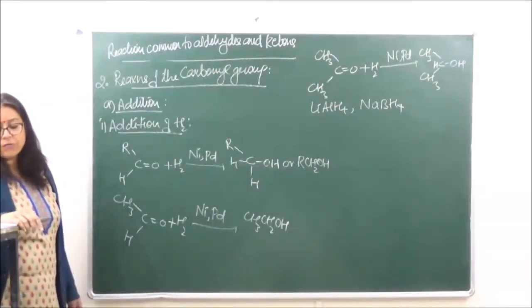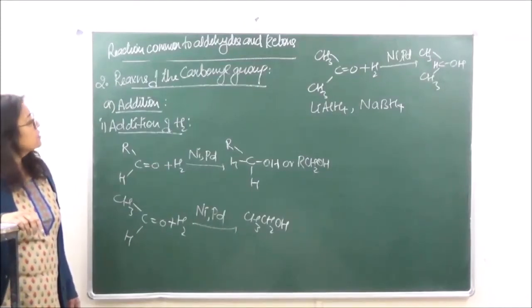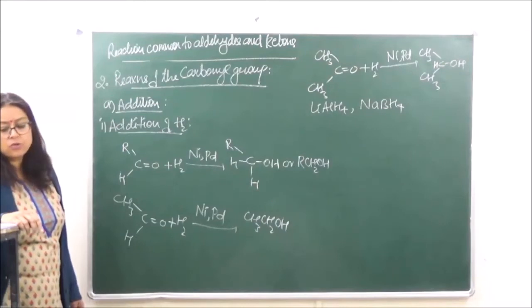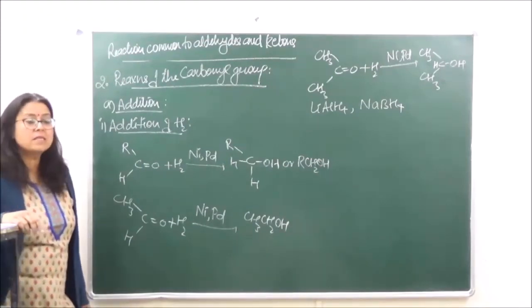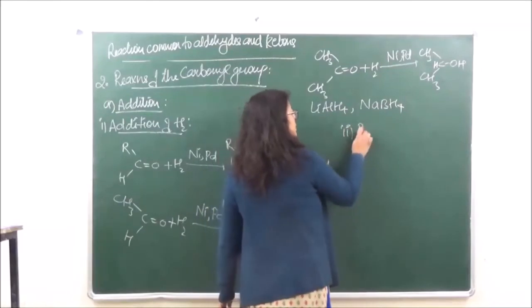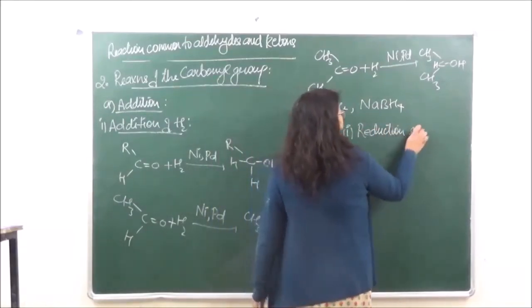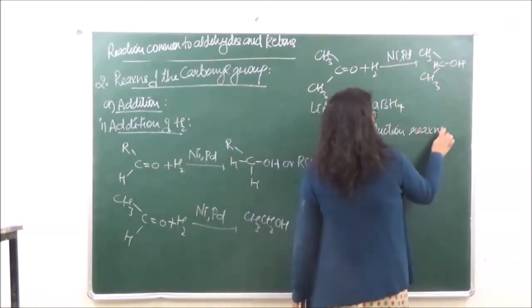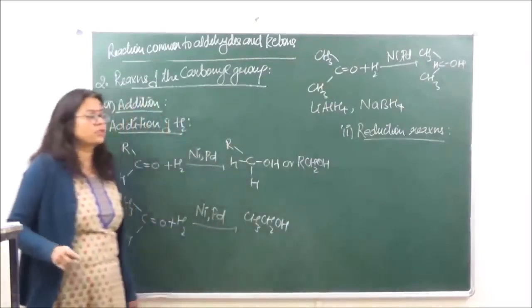Now when we're talking of reduction reactions, although we know that addition of hydrogen is known as reduction, reduction reactions generally take place with the help of nascent hydrogen. So the second type of reactions which we will discuss over here are the reduction reactions.